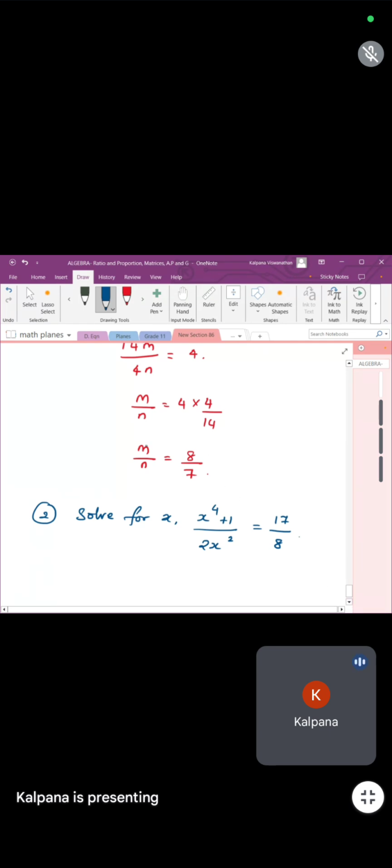So one model is finding the ratio m by n, the other model is solving for x, the other model we have is proving. That is all using properties.